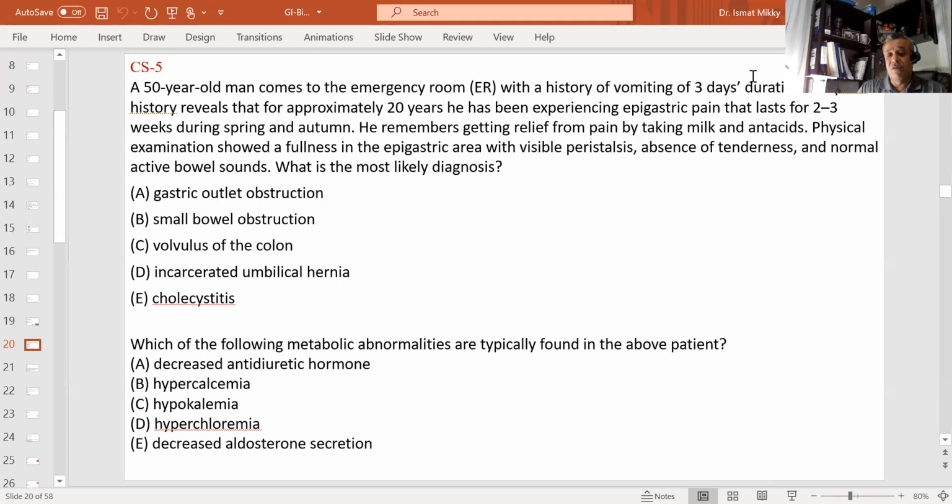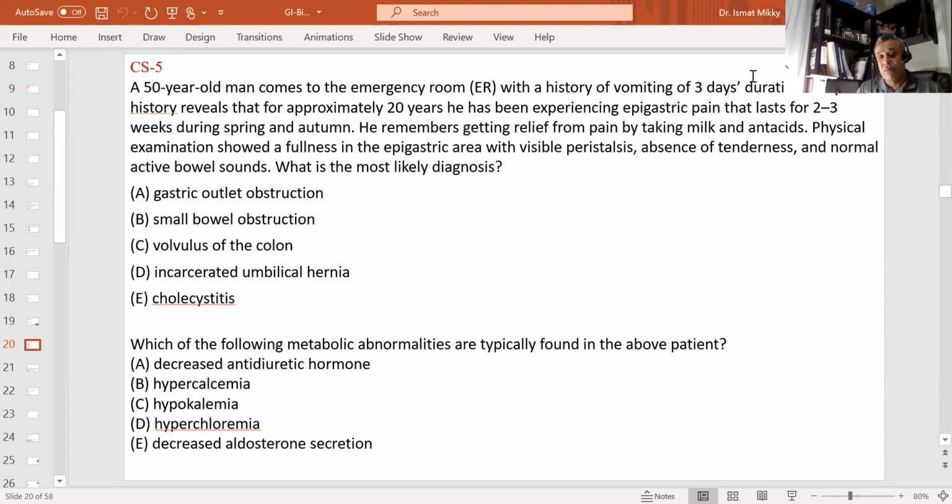So the excretion of potassium in the urine will further aggravate the hypokalemia.